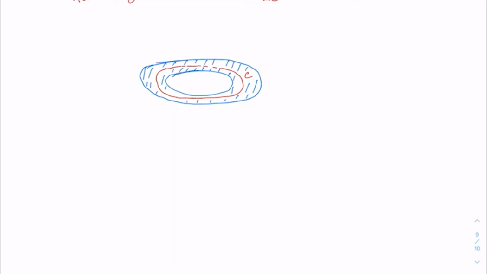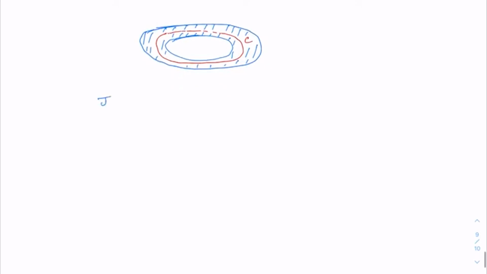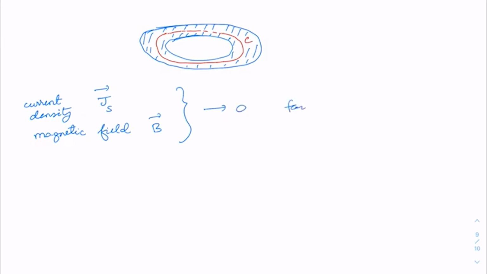Here or here, the current density Js, this is our surface current density, and the magnetic field B, both these quantities vanish far from the surface, in the curve C.